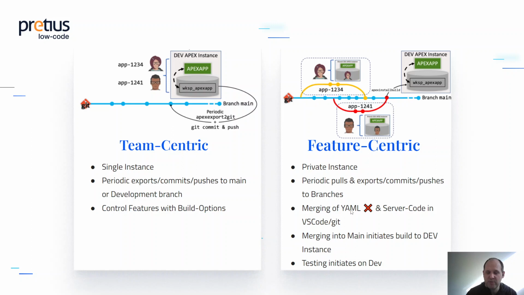There's something about merging with YAML, which I'll explain later, and server code in Git. And then you merge them back into the main. As you do each one, it triggers a release to your Apex development environment. Because remember, you're not working on development, you're working on your own private environment. So you need to get the development environment up to speed and then perform those tests.